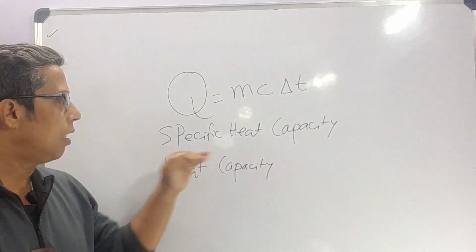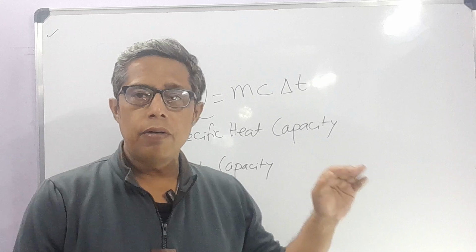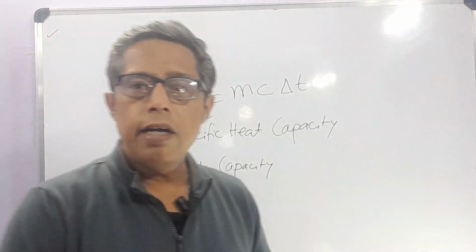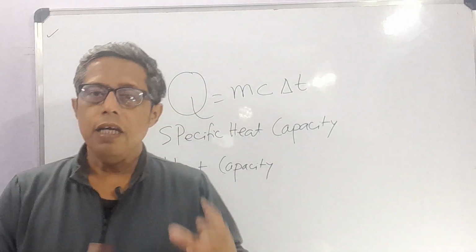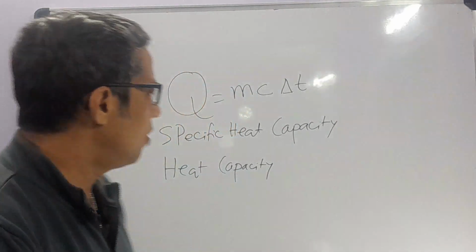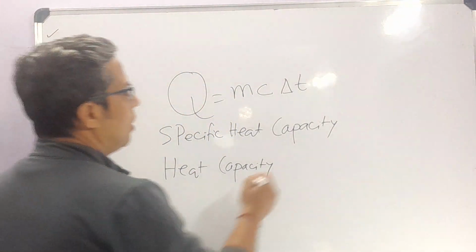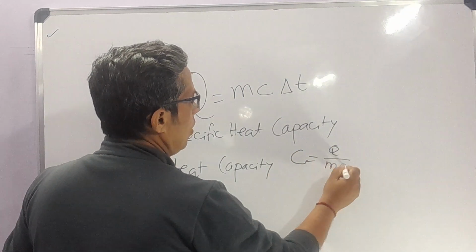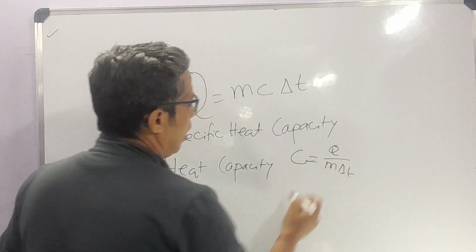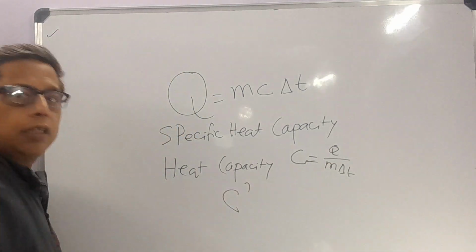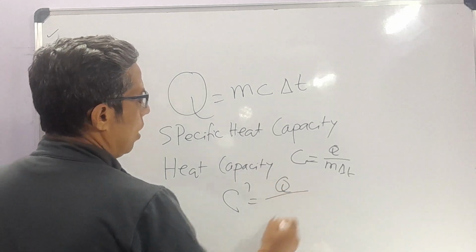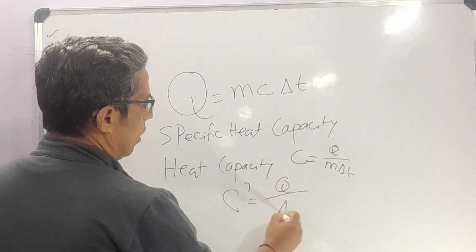Specific heat capacity is the amount of heat required to increase the temperature by 1 degree centigrade per unit mass. So there is a basic difference. So c = Q/(m ΔT), and heat capacity C' = Q/ΔT.